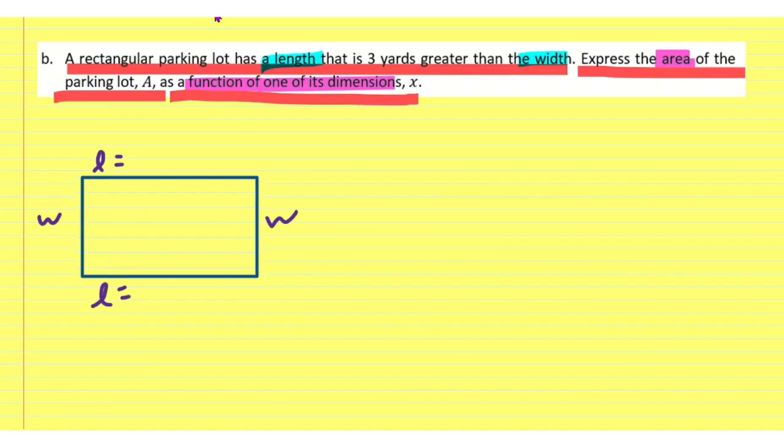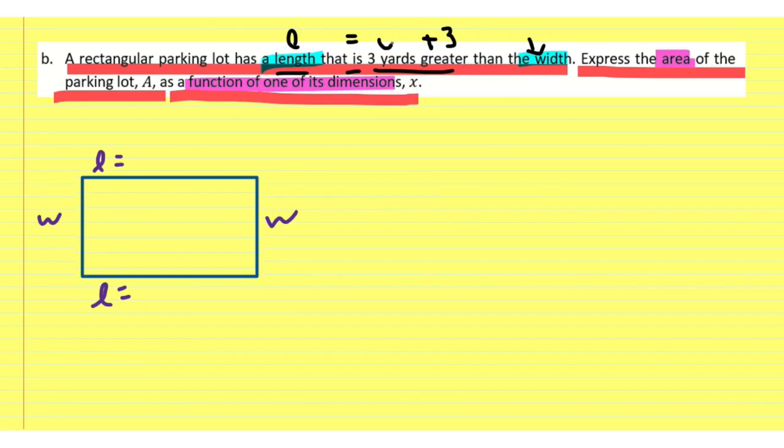Again, I'm going to look at the first sentence of my word problem. It says the length is 3 yards greater. So again, I'm going to have L and then equals, and then 3 yards greater is going to mean plus 3. So it's 3 yards greater than what? Well, it's greater than the width.